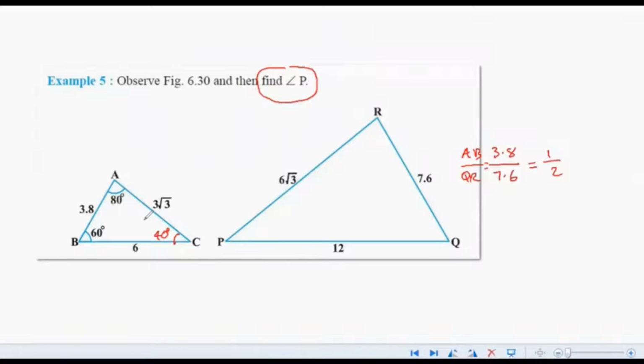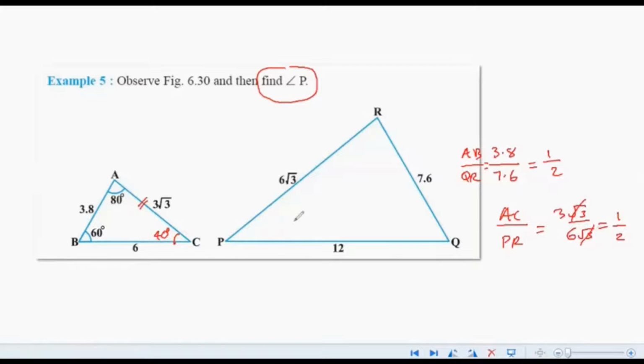And the second one, the middle side, not smallest, not largest, that is AC divided by PR in the second picture. 3 root 3 by 6 root 3. You can cancel root 3, then 3 by 6 reduces to 1 by 2.